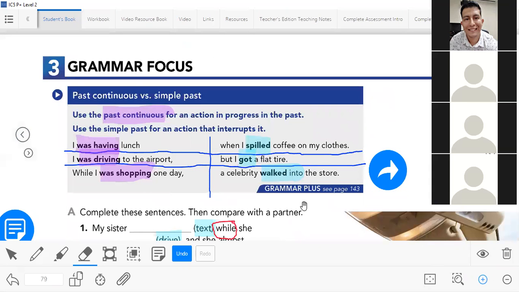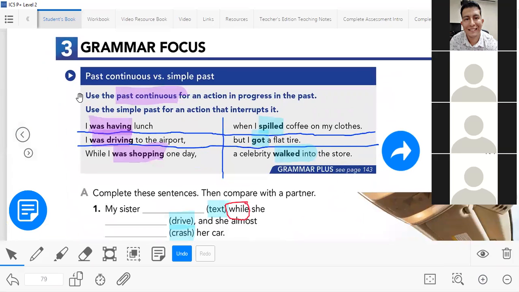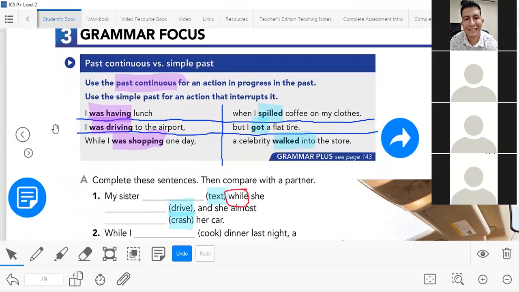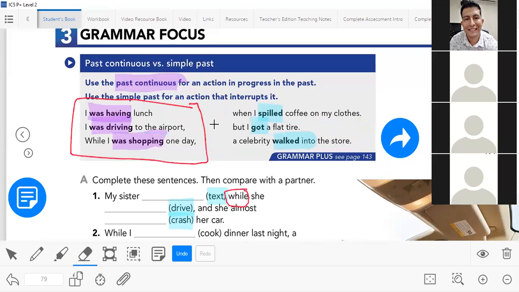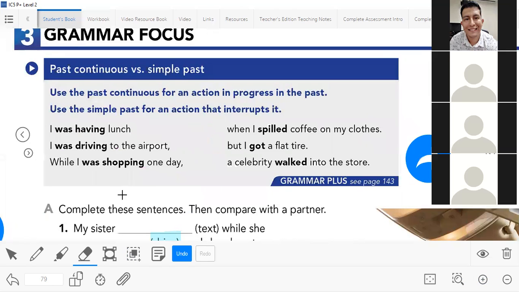So here we have these examples. The past continuous versus the simple past. Remember, guys, the longer action is in past continuous. Yes, Pablo? Yes, in the first example, my sister texted while she was driving and she almost crashed her car.